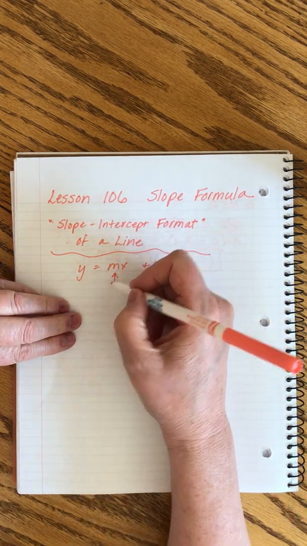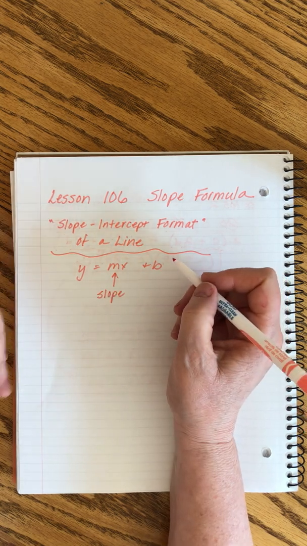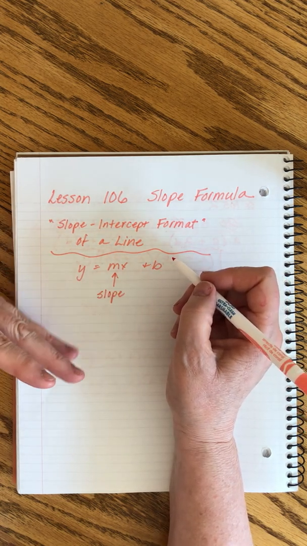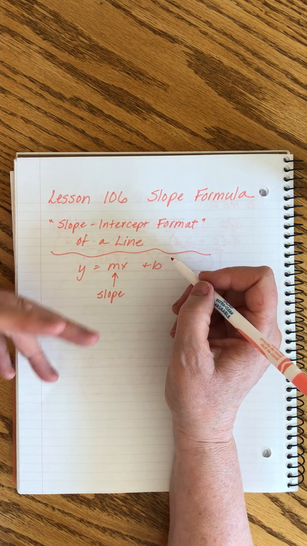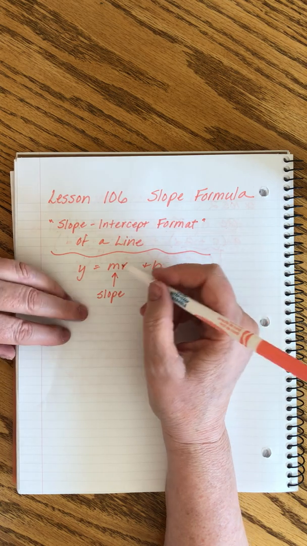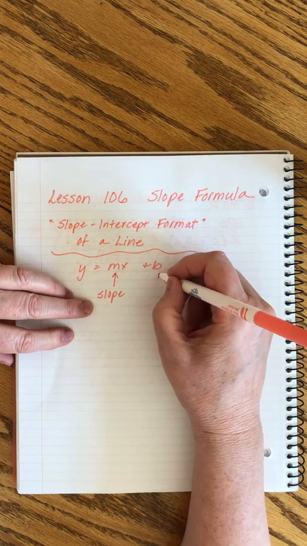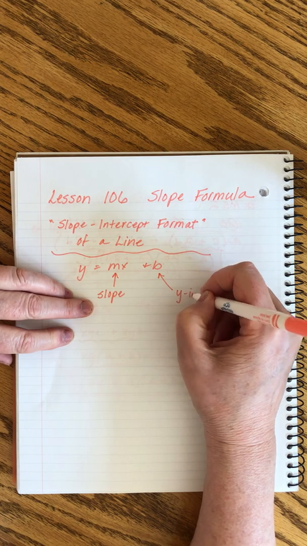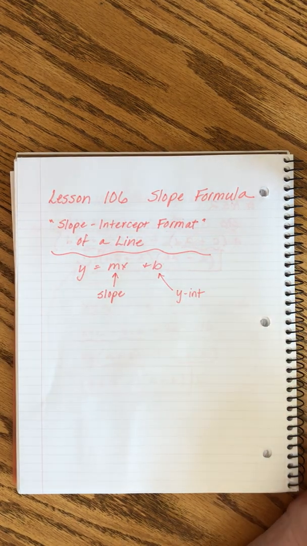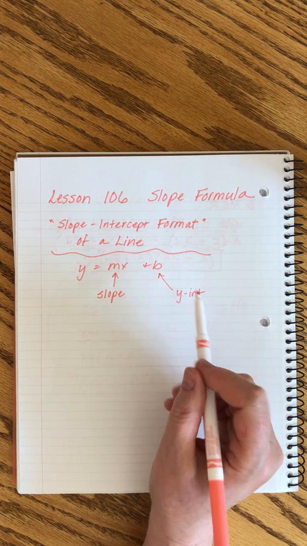We have a slope, m, that tells whether the line's tipped up or tipped down and how steep or flat it is. It's the little lady in the car with her ponytail bobbing. I hope you know what I'm talking about, otherwise that sounds crazy. This is very specific to our line, and then b is the y-intercept, and that tells us where exactly our line crosses the y-axis.